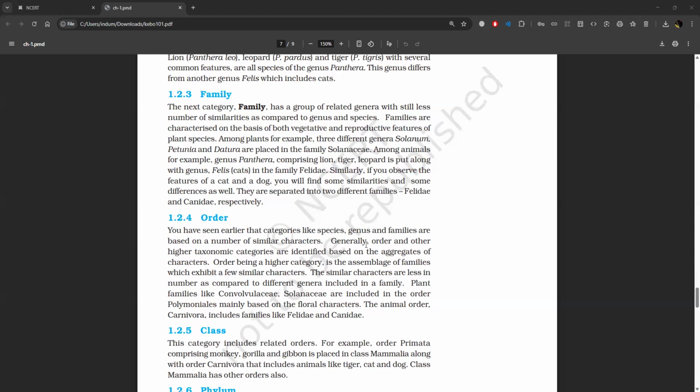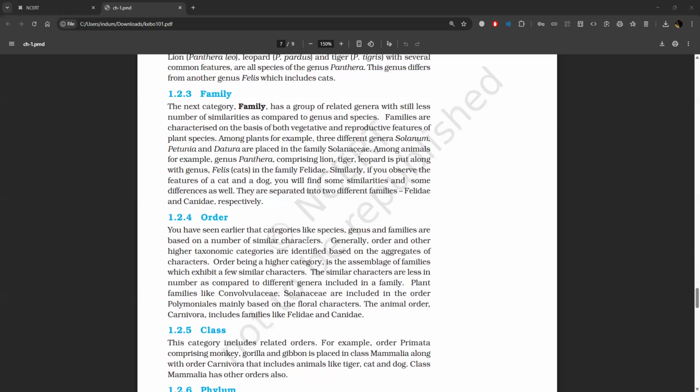Among animals, for example, genus Panthera, comprising lion, tiger, leopard, is put along with the genus Felis in the family Felidae. Similarly, if you observe the features of a cat and a dog, you will find some similarities and some differences as well. They are separated into two different families, Felidae and Canidae, respectively.